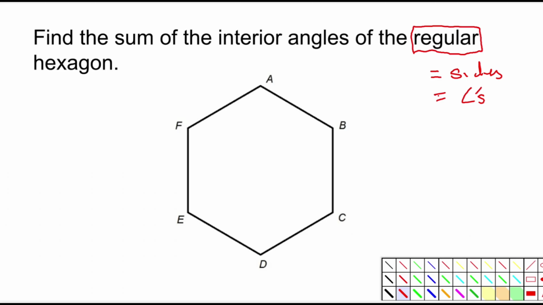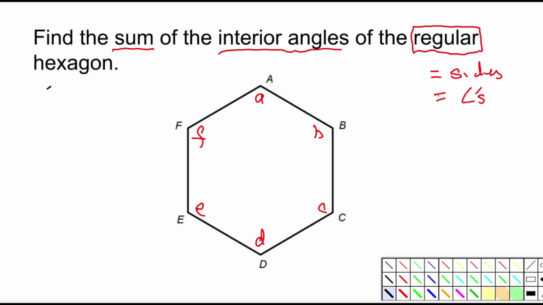All right. But the goal is we want to find the sum. I want to know the sum of the interior angles, what all these angles add up to. So if I say A, B, C, D, E, and F, what would that add up to? What's A plus B plus C plus D plus E plus F? And again, I usually let my students attack this problem any way they can.